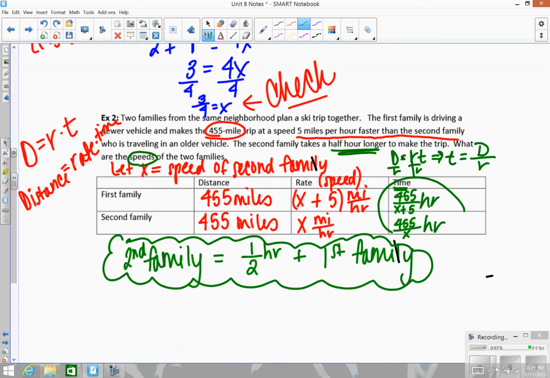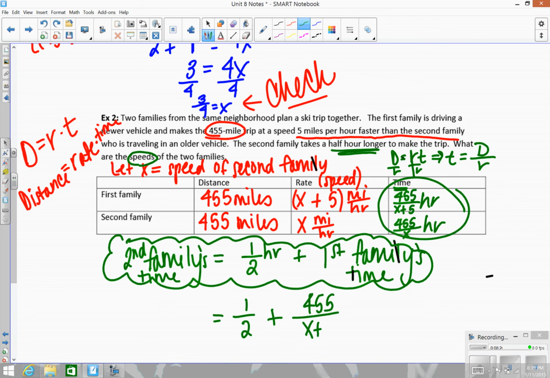The second family's time equals a half an hour plus the first family's time. So I'm going to plug those in. It equals 1/2 plus the first family, so 455 over x plus 5. And the second family's time is going to go in over here, so 455 over x.